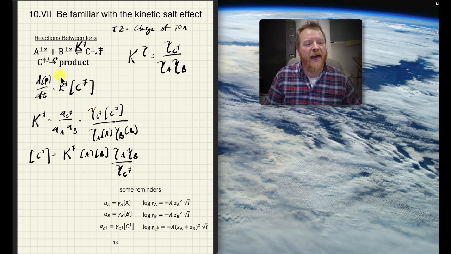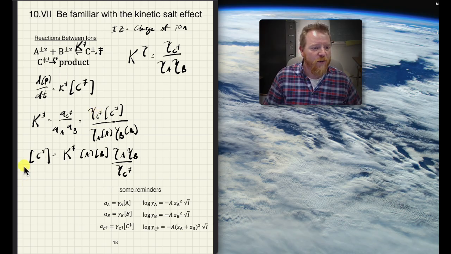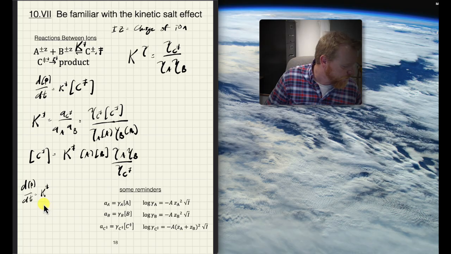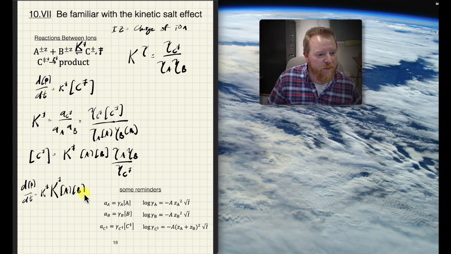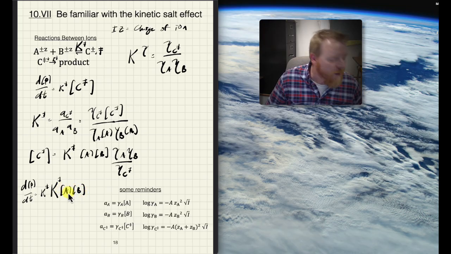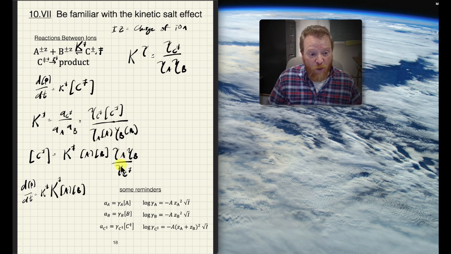But if we plug that into this expression, right, we're going to end up with the following: dP by dt equals, we've got that as k double dagger, and now that's multiplied by big K double dagger times A times B. And now we've got this whole thing going on.